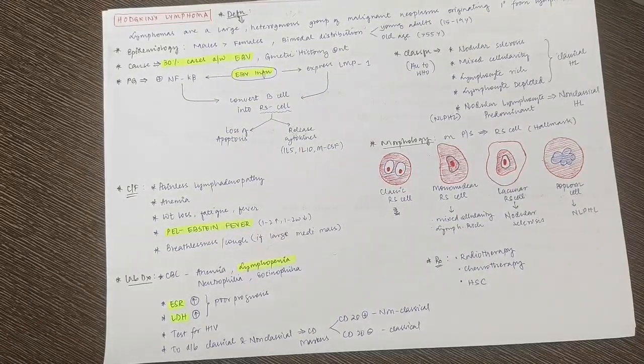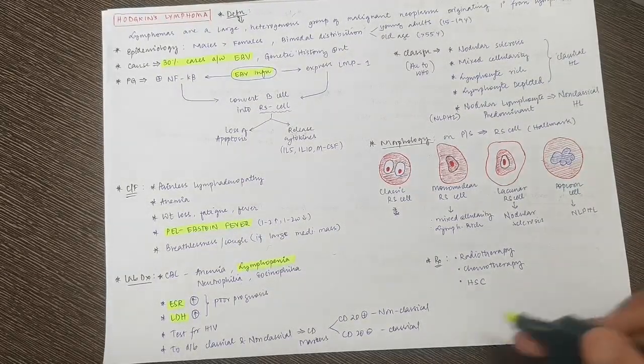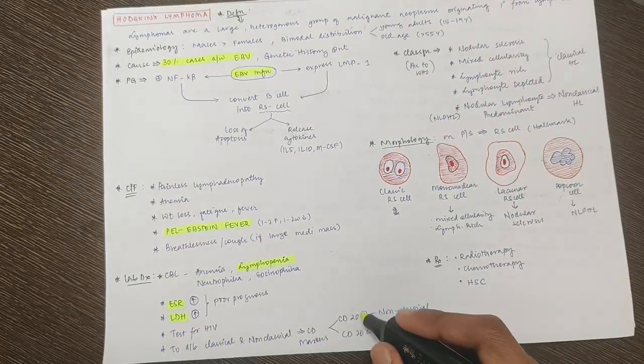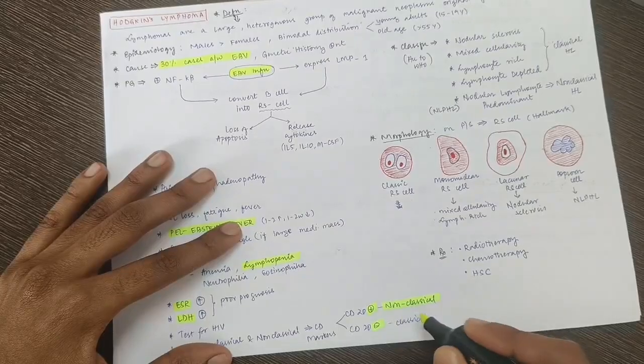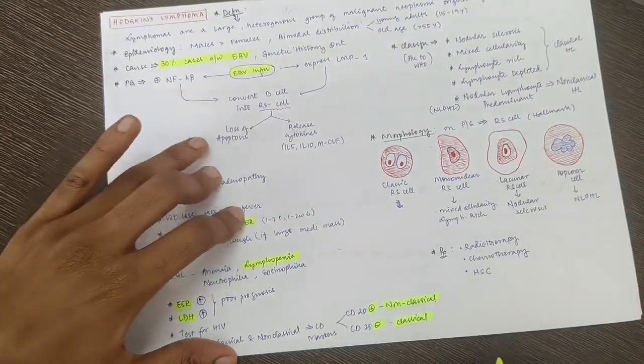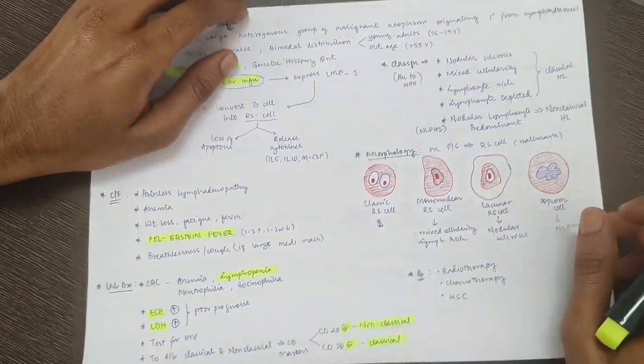So to differentiate classical and non-classical Hodgkin's lymphoma, what you are going to do? The CD20 marker: if it is positive, it is non-classical. If it is negative, it is classical, which is most commonly encountered. So what is the classification?